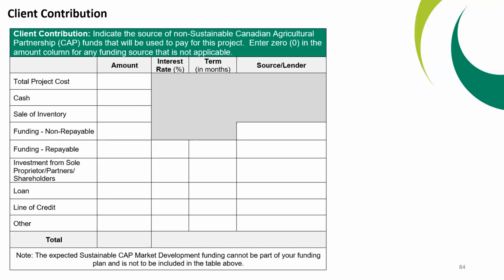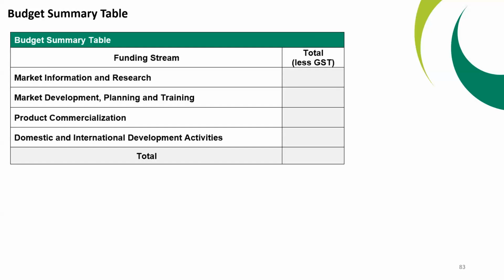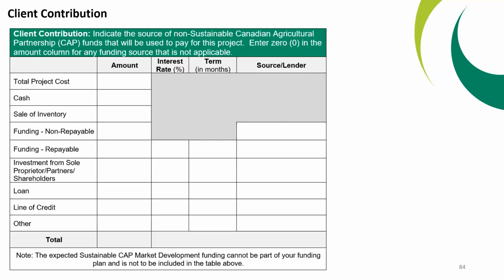And essentially you need to complete this. So you would put the amount of the total project from this summary chart here. And then indicate how you are going to fund the project. And if there's funding non-repayable, please do not use this program as part of your funding plan.